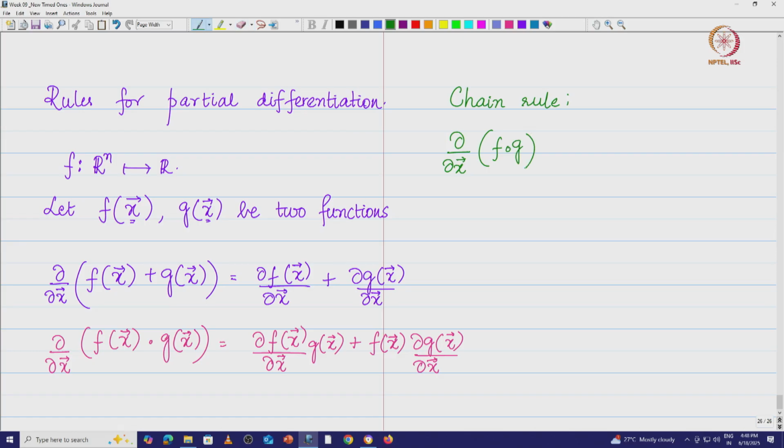This indicates it is a composition, that is nothing but f of g of x. So I am going to get dou by dou x of f of g of x, and this is nothing but dou f by dou g into dou g by dou x vector. This is what we have.